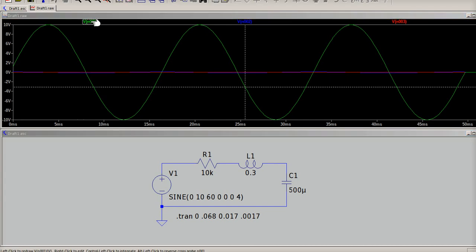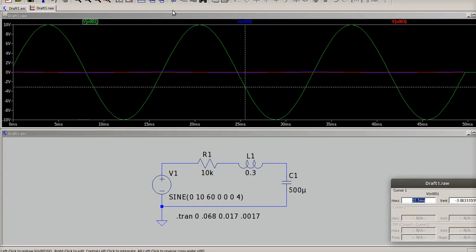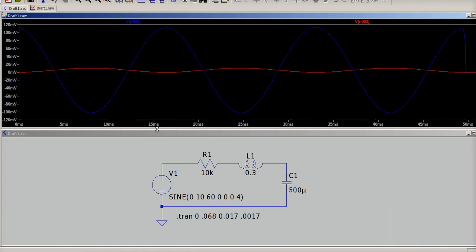Let's go and get rid of that one, so you can hopefully see. There we go. Now the blue is the voltage right here, the red is the voltage right there, and what you see is my voltages are peaking and valleying at opposite places, and that's what tends to happen in an AC circuit.